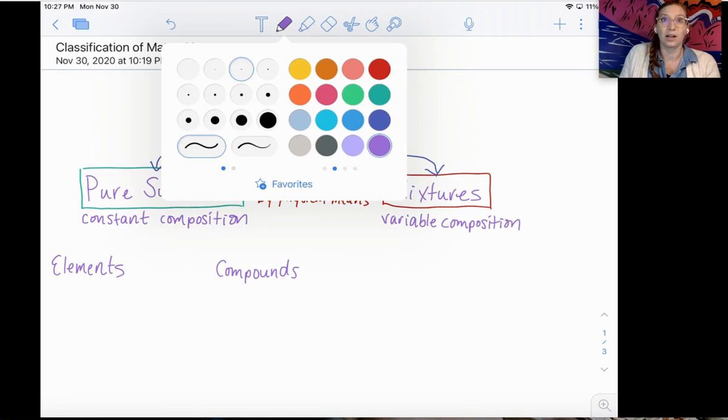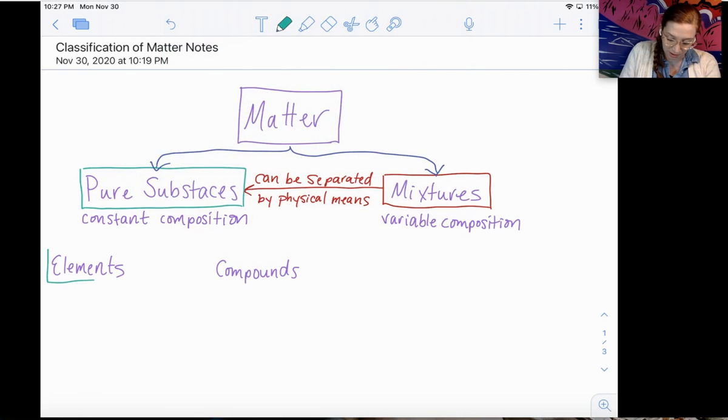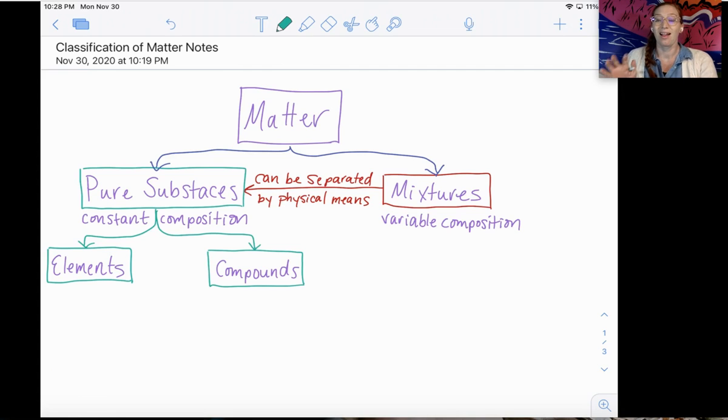I'm going to be consistent with my color coding here. Let's go green around those two. Okay. So, pure substances: elements or compounds. Let's define these first, and then again, we can see the relationship between the two.